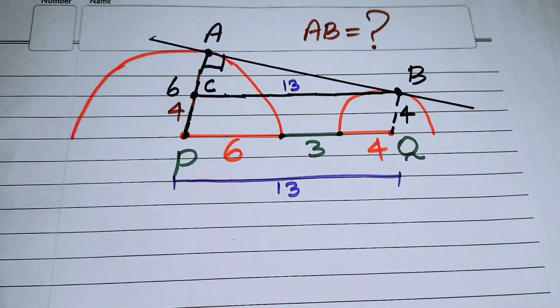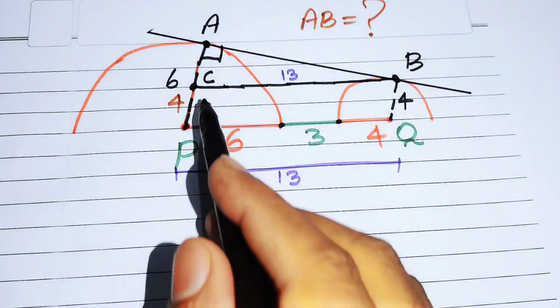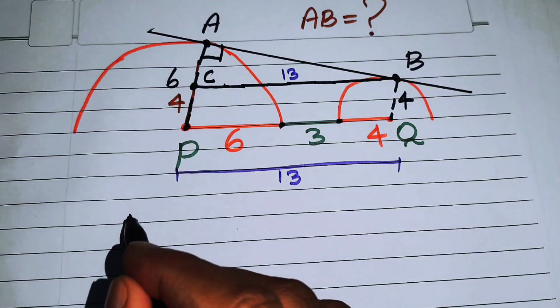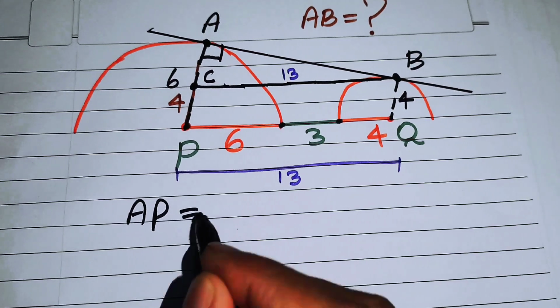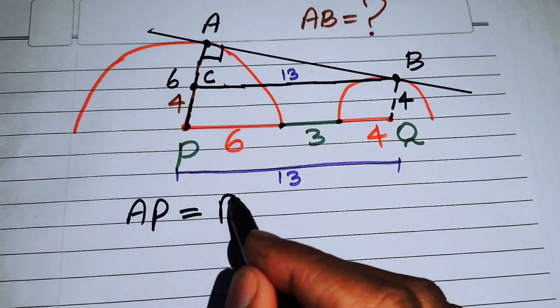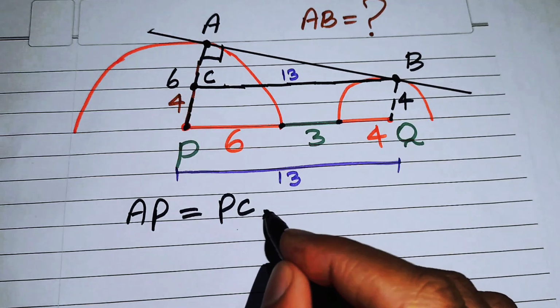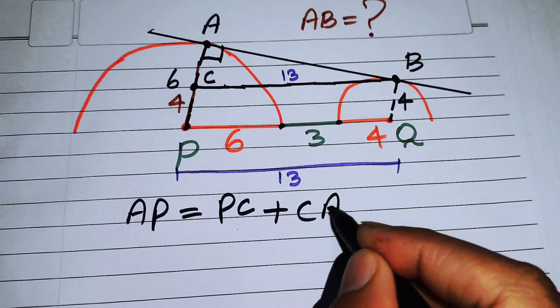AP distance equals PC distance plus CA distance.